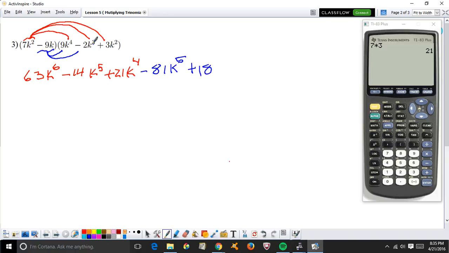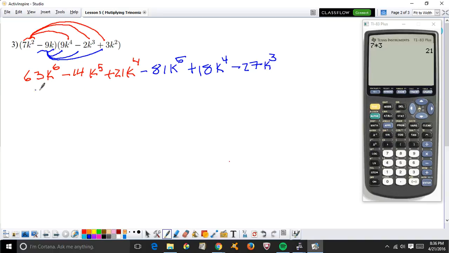K times k to the third, you add exponents, so we got k to the fourth. Okay, so we do this one more time. So negative 9 times 3, so that's negative 27. K times k to the second, you add exponents, so you got k to the third.